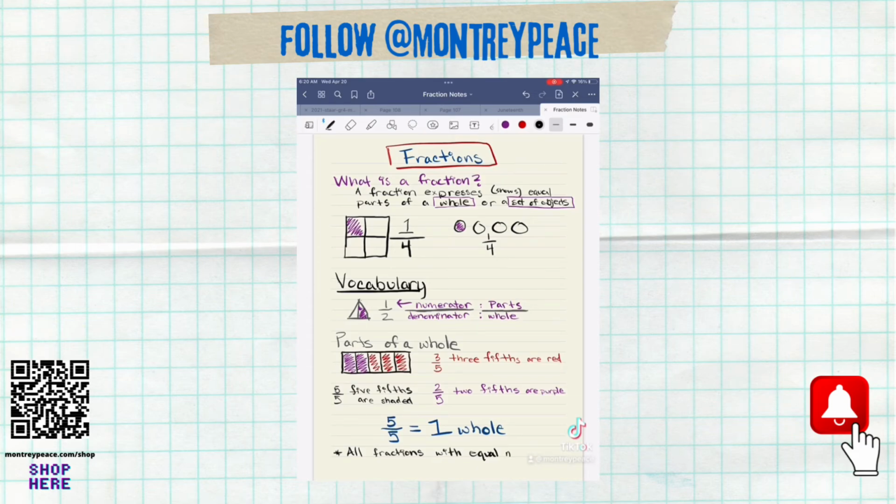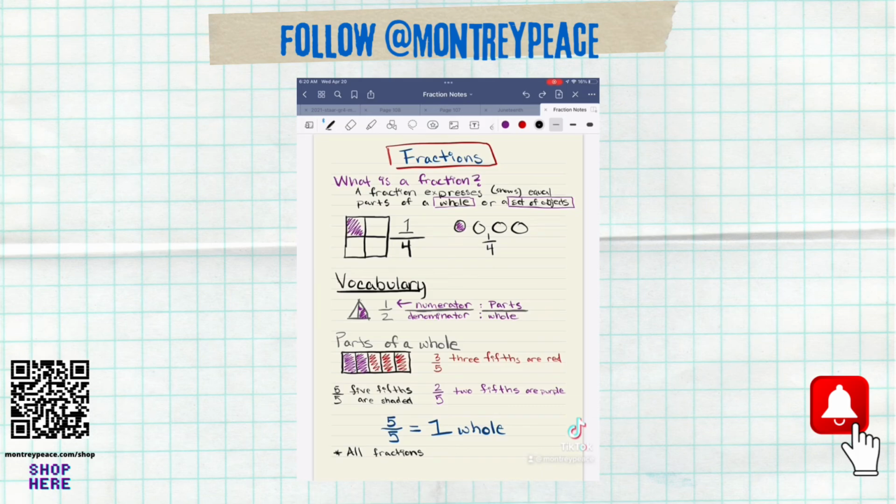That means that all of the parts are being used or shaded, or however it's being asked, or eaten. They may say they ate this portion of the pizza, or ate this many candy bars, or used up this much yarn, or something like that. If they're equal, that means that it is one whole.